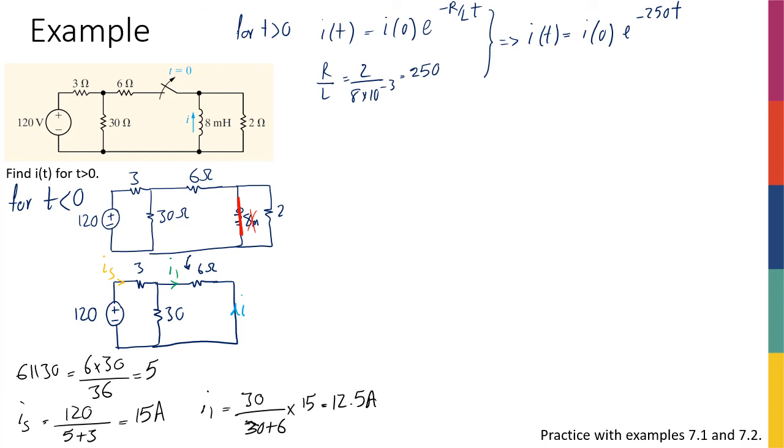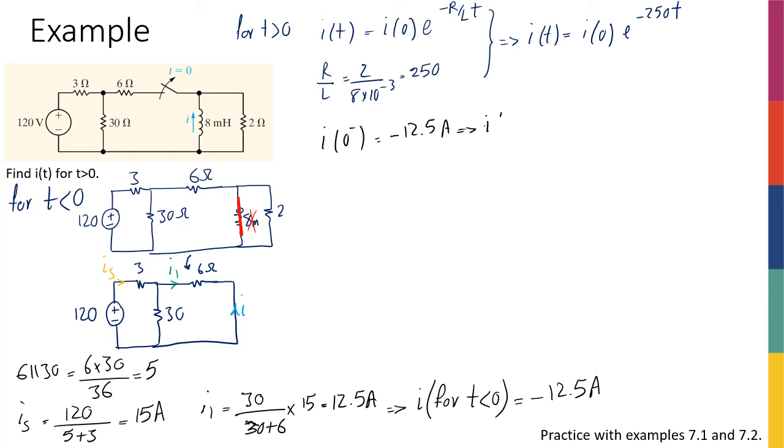Therefore, I for t less than 0 is going to be equal to negative 12.5. And that's it, because now I found the current of my inductor to be negative 12.5 amperes just before the switching happened. So I at 0 minus is equal to negative 12.5 amperes.